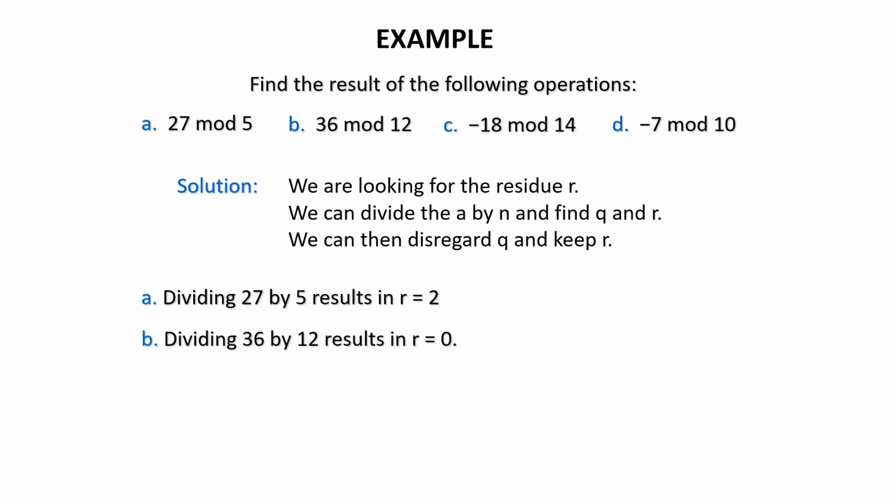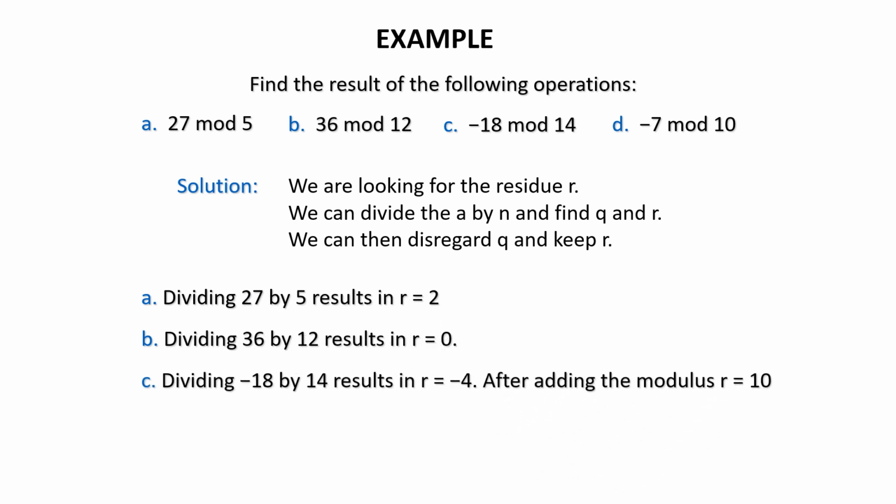B. Dividing 36 by 12 results in r equals 0. This means that 36 mod 12 equals 0. C. Dividing -18 by 14 results in r equals -4. However, we need to add the modulus, 14, to make it non-negative.